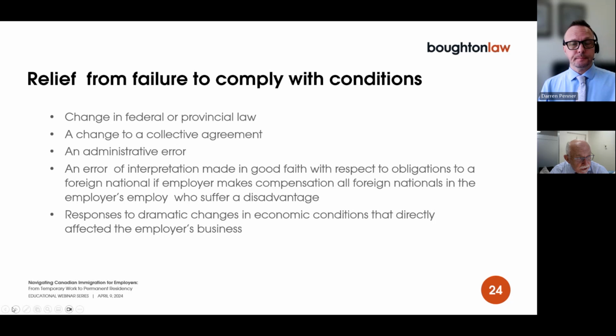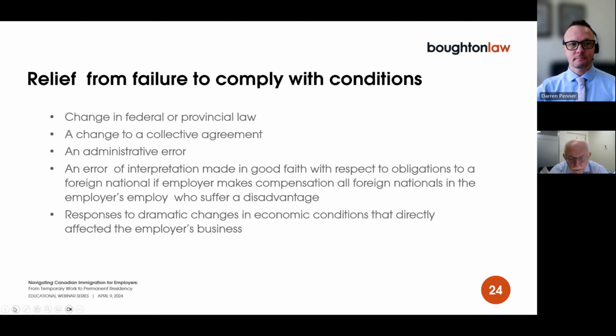Now, we have used this relief clause to our advantage. In particular, we had a situation where an employer changed the job description and the wages to reward the quality of the work by the temporary foreign worker, but they didn't disclose it to Service Canada. And when they went to renew the LMIA, they showed the updated changes and received an inspection request from Service Canada.